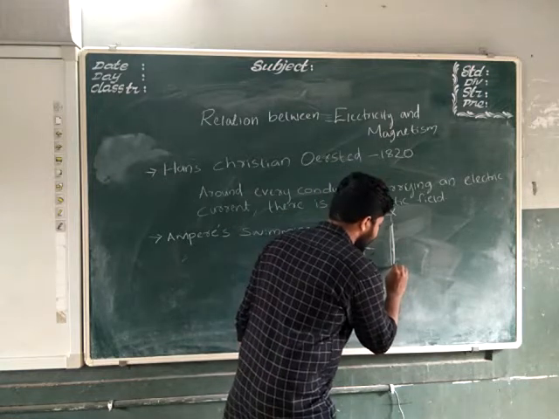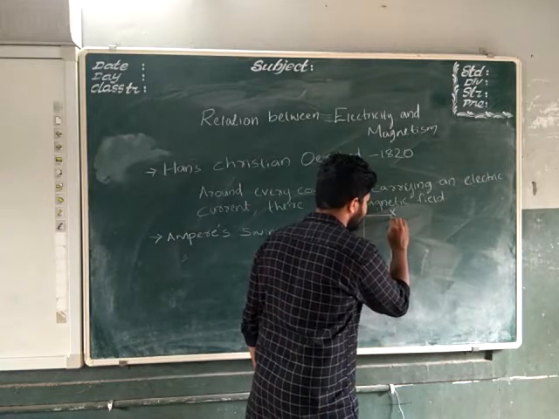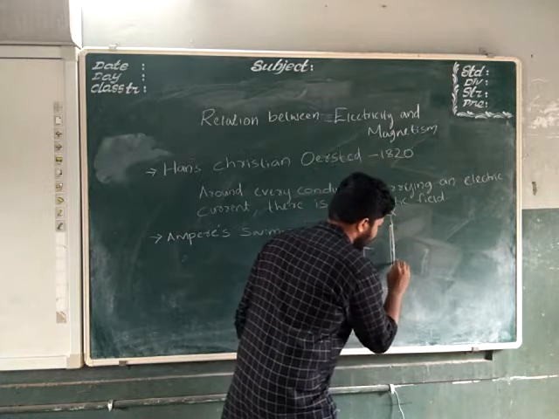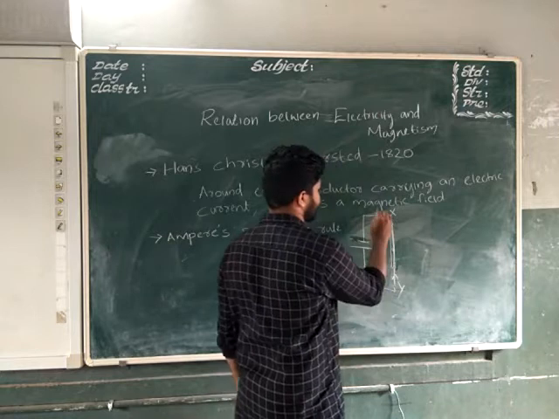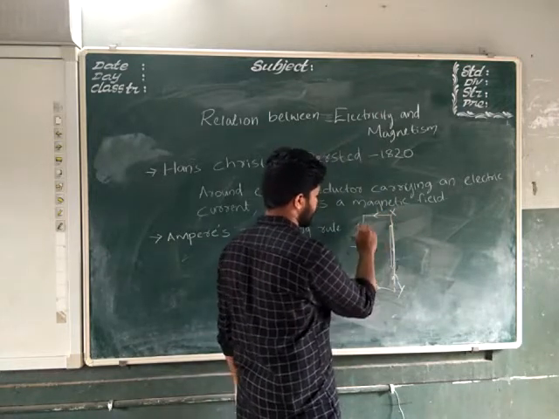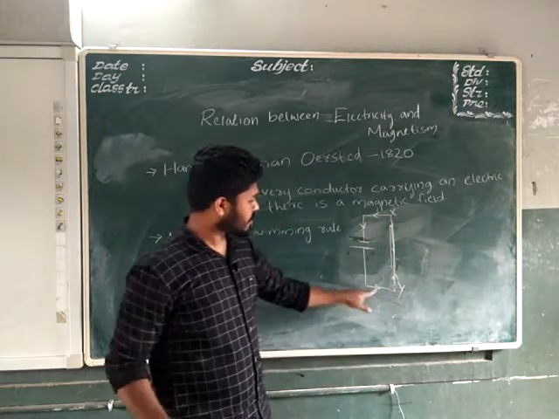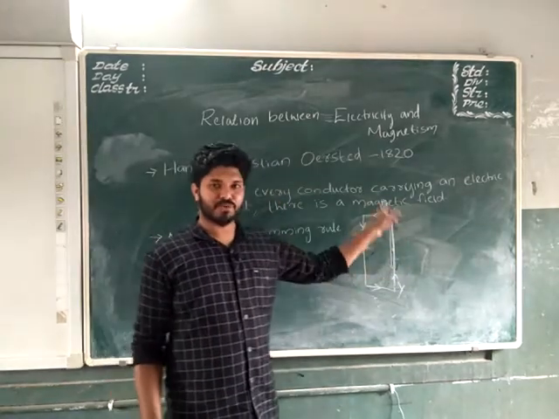Let us make the magnetic needle here and let us show the passage of electricity. So electricity is passing in this direction, y to x direction.